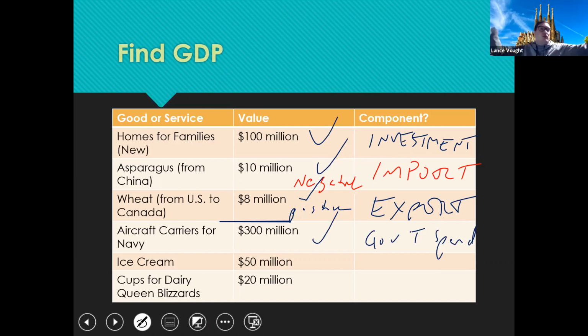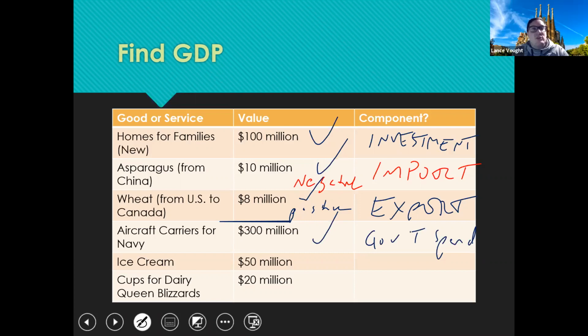Ice cream, just good old-fashioned big old tubs of ice cream. In fact, so much ice cream that it's $50 million worth of ice cream. That's a lot of ice cream. Well, ice cream to me seems like a final good. I'm buying it, I'm eating it. And it was produced in the country. We're assuming that it's made from milk from cows in Wisconsin or something like that, and turned into ice cream.